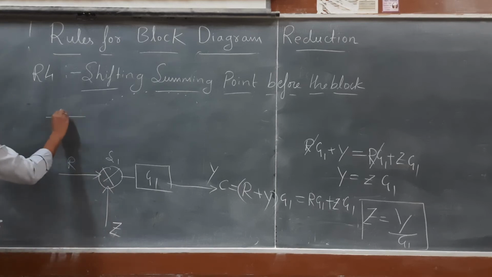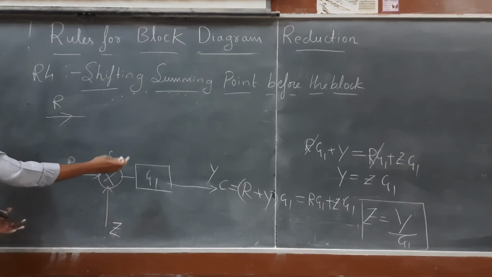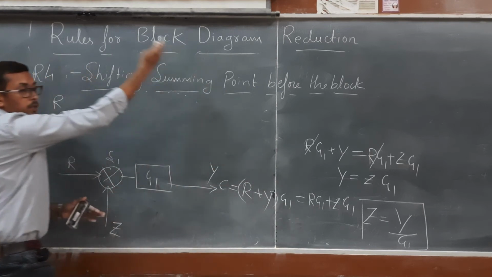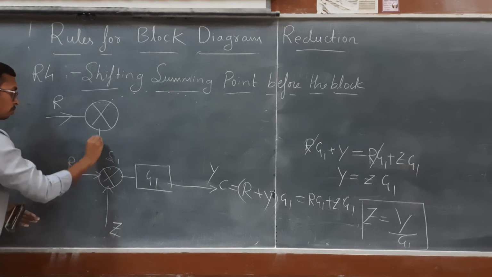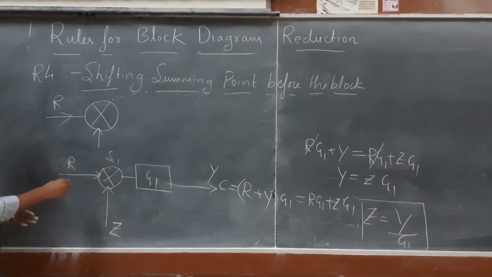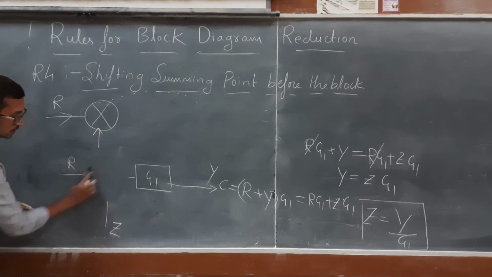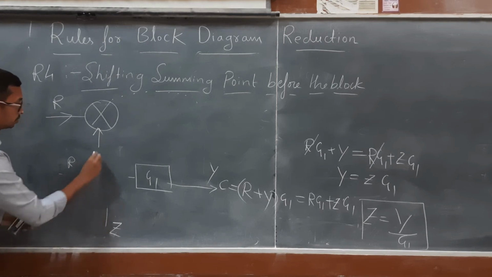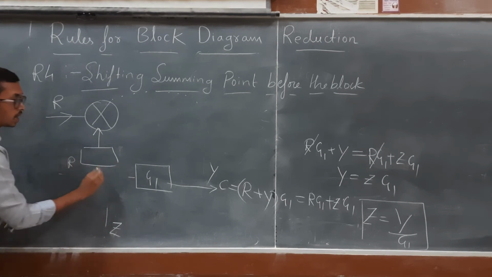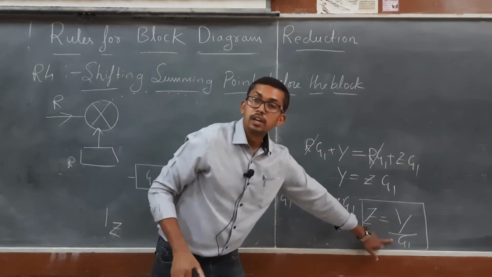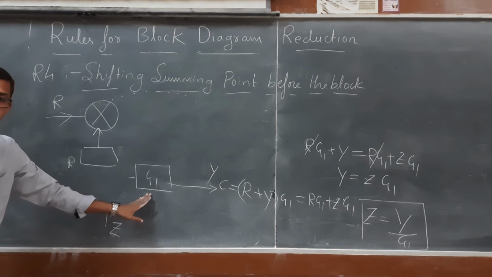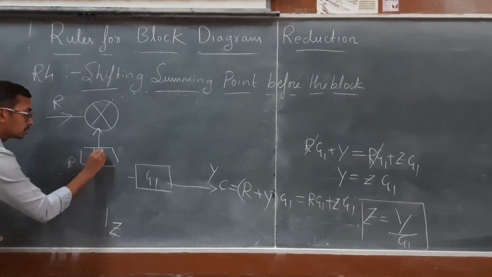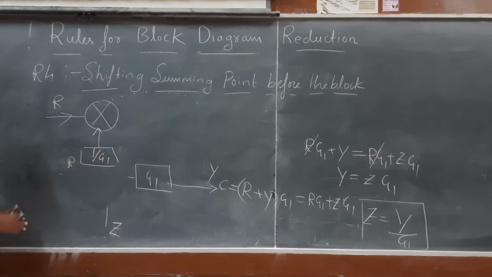So if there is an r, and I am shifting the summing point before the block, then to this summing point, instead of direct y, I need to add a reciprocal of this block. I am jumping this block g1. So I need to add a reciprocal of this block g1 over here.